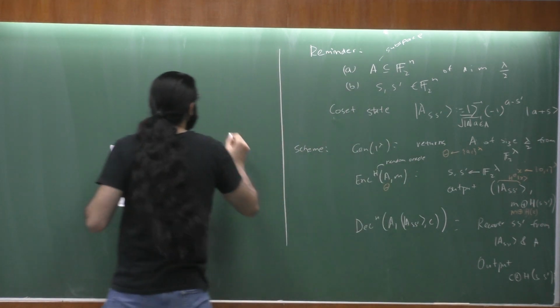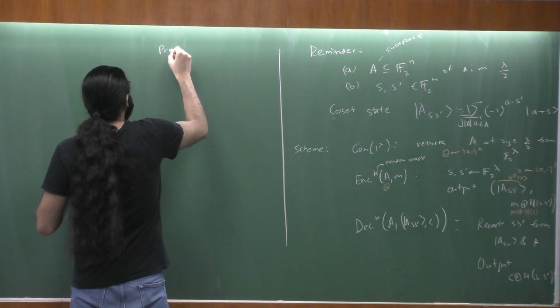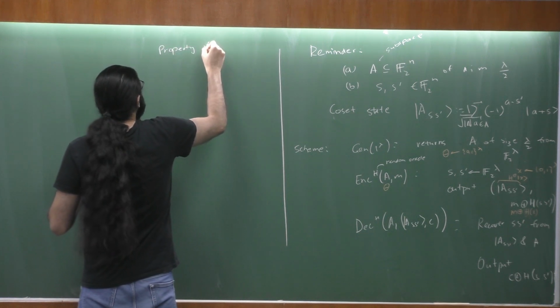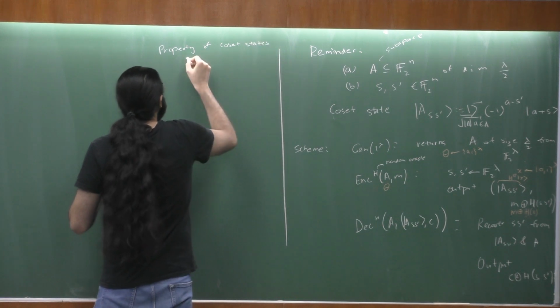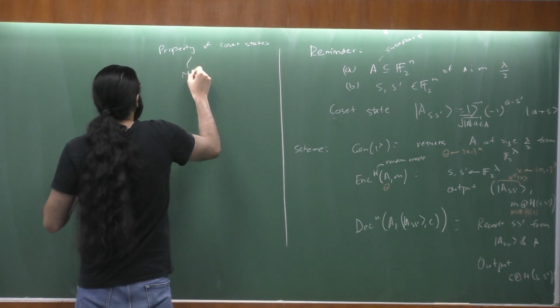The property of coset states that we need is monogamy of entanglement.